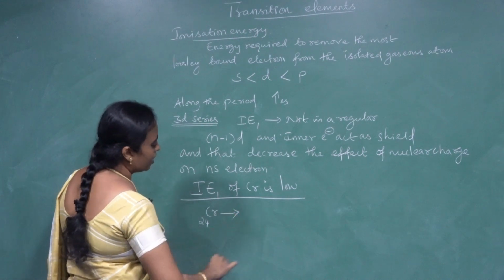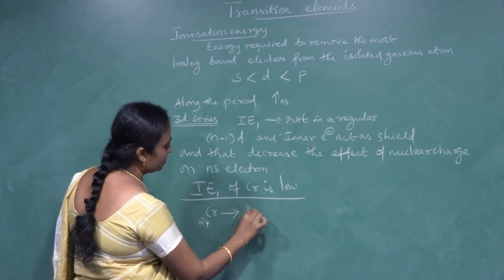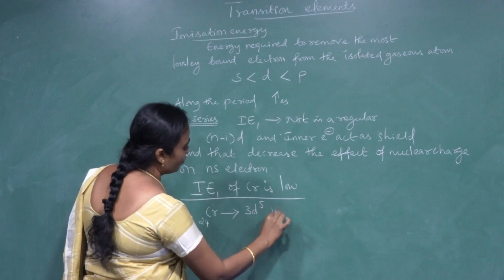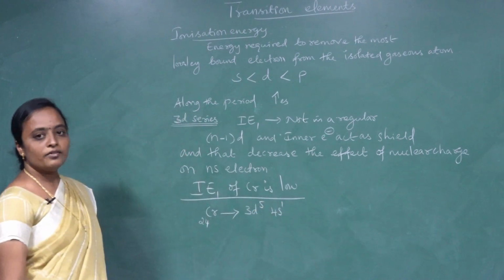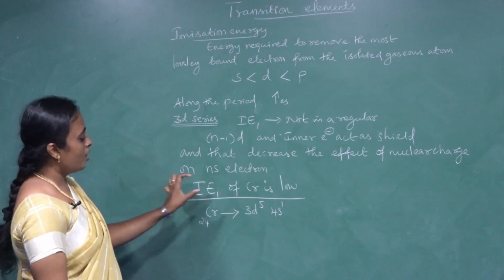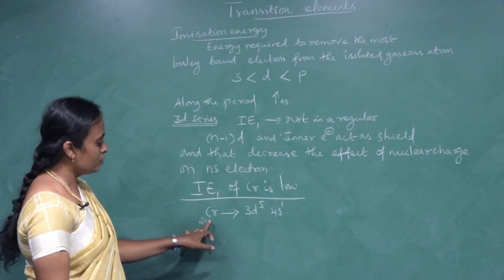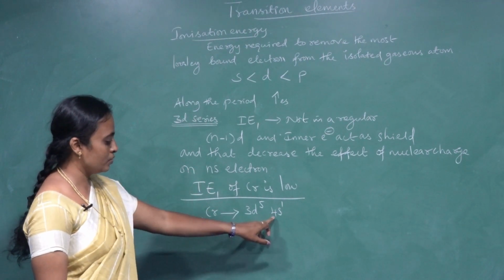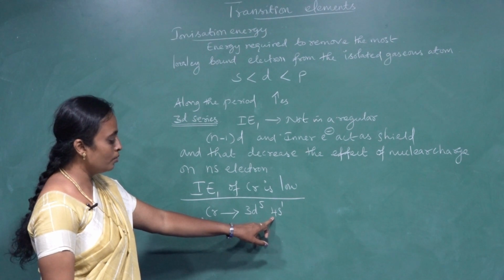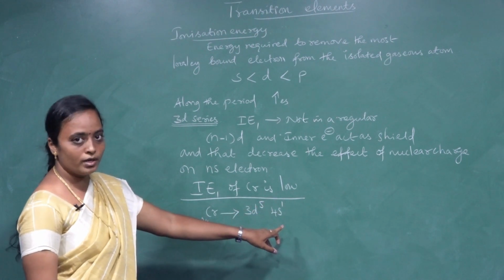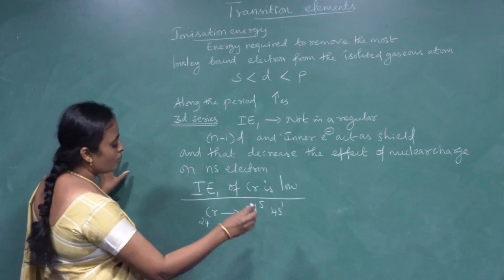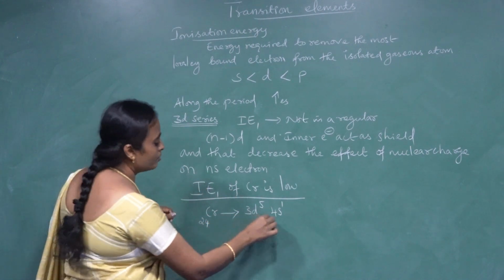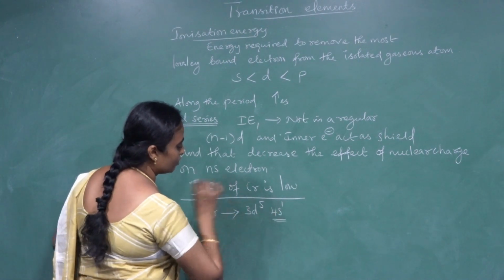The outer electronic configuration, strictly, we follow 3d5 4s1. Now from that chromium, I am going to remove one electron. That is called the first ionization energy. So which electron am I going to remove? Only this electron.